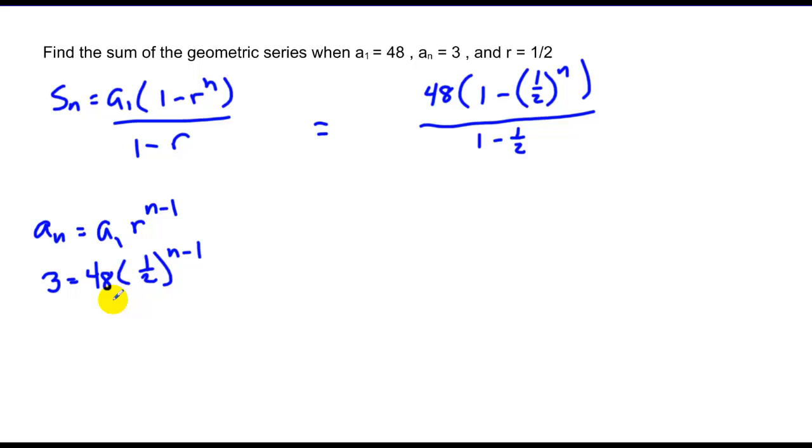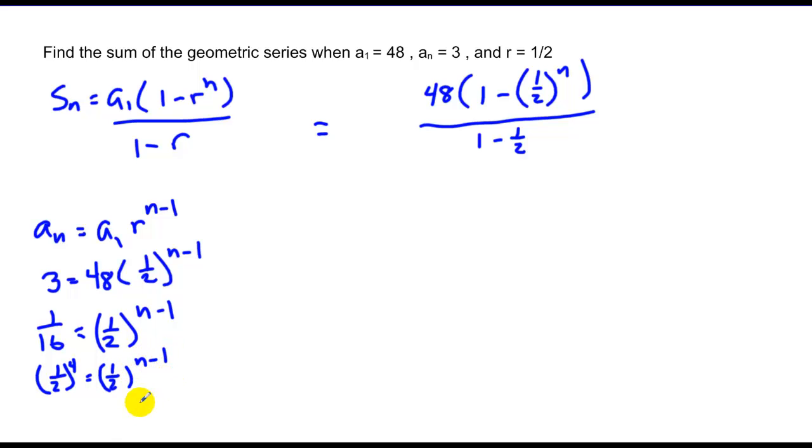So this is 1/16 is equal to a half to the n minus 1 power. I can get the same base. This is a half to the 4th is equal to a half to the n minus 1. Therefore, 4 equals n minus 1, and n equals 5.